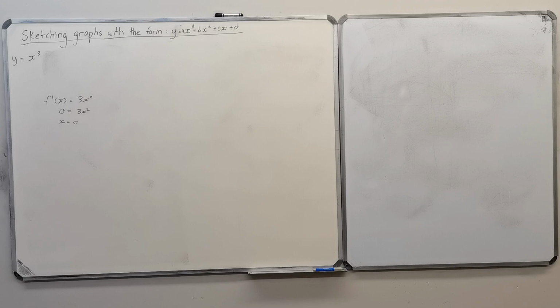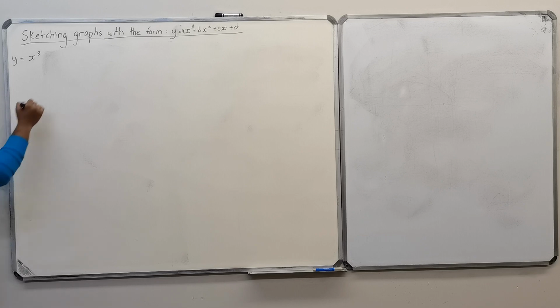It will go from your first into your third quadrant, or from your third into your first quadrant. So it's always positive if your a is positive, right? And if that a value is a negative value, it will go from the second into your fourth.